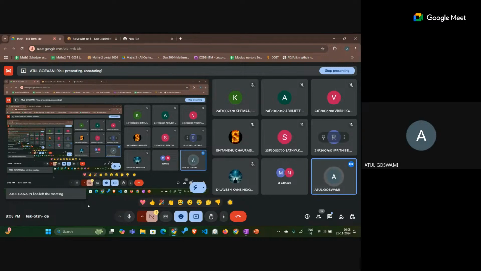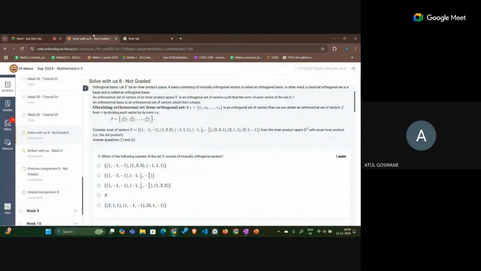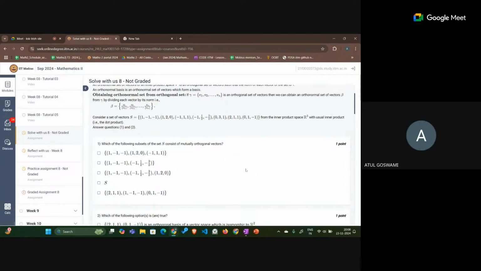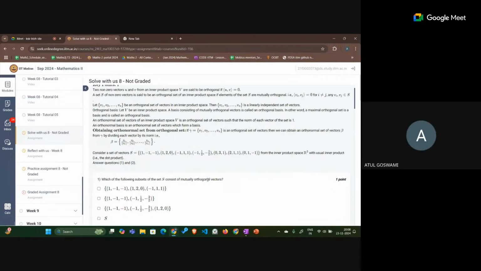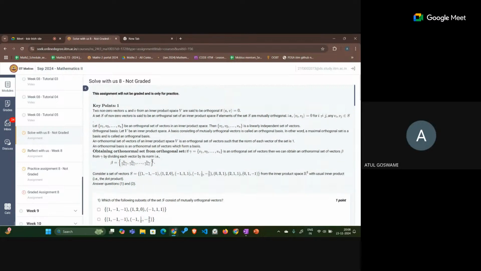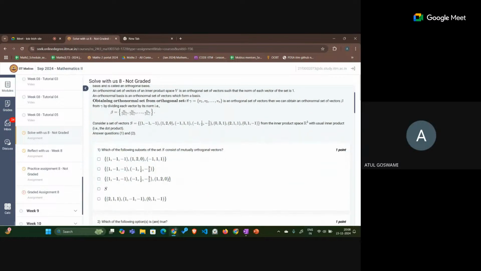So this question was simple, so that's why I solved it early. Does anyone have a doubt in question number one? In this question it is asked which of the vectors are orthogonal. Because it is given in the question, the inner product is the simple dot product, and orthogonal vectors are those whose inner product is zero. So you just have to take the dot product of each pair of vectors and see whether it is zero or not.